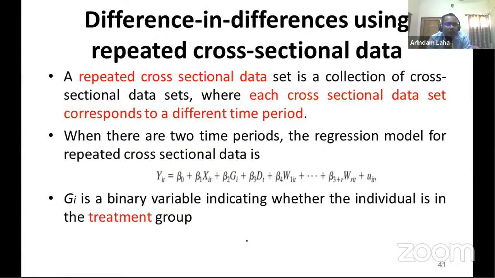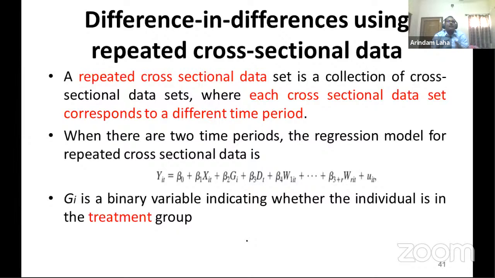Here we are utilizing repeated cross-sectional data. In repeated cross-sectional data, the same cross-section unit corresponds to different time periods. So we have the same group of respondents and we ask them in different time periods. Before the crisis we made a survey, after the crisis we made a survey, but the cross-section unit remains the same.